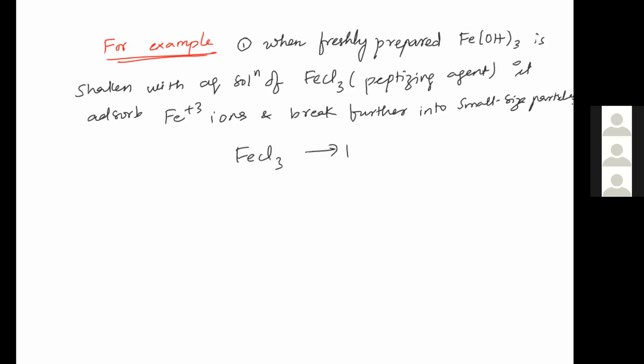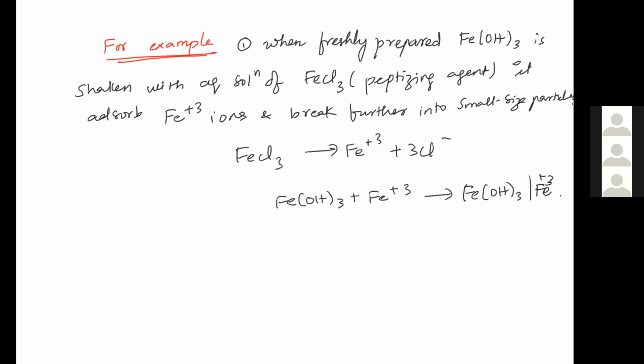FeCl3 is Fe+3 plus 3Cl minus. So Fe(OH)3 reacts with the Fe+3 ion and becomes the Fe(OH)3 colloid with Fe+3.